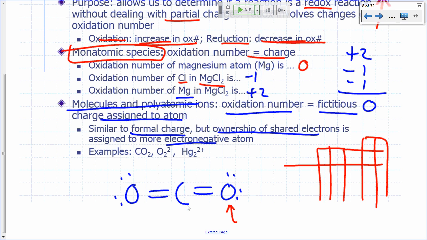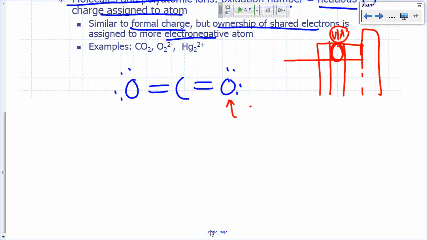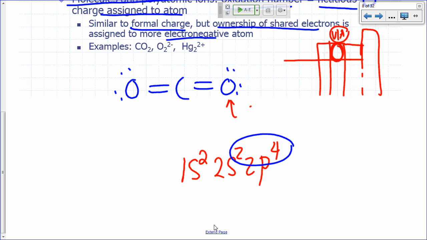Group 6, right? Group 6A, column 16. So that means a neutral oxygen atom, if you recall, has an electron configuration of 1s2, 2s2, 2p4, right? It has 6 valence electrons. By itself, if it were alone, an oxygen atom would have 6 valence electrons.